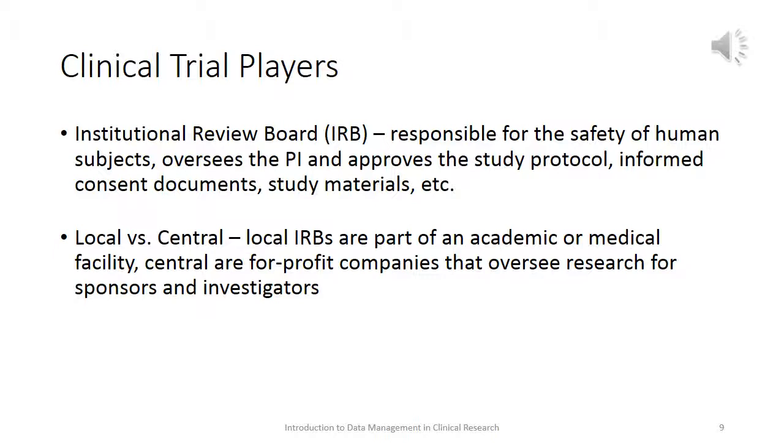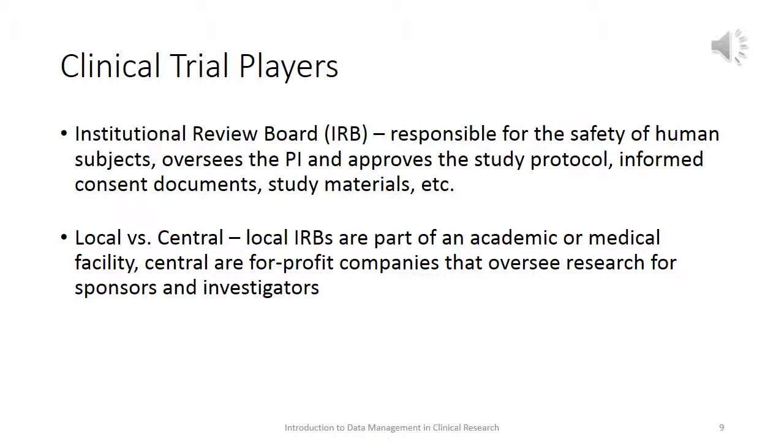As I mentioned earlier on an earlier slide, we have local IRBs and we have central IRBs. Local IRBs are part of academic medical centers or some other medical entity. A central IRB is a for-profit company that oversees research for sponsors and investigators. There are a number of central IRBs around the country.